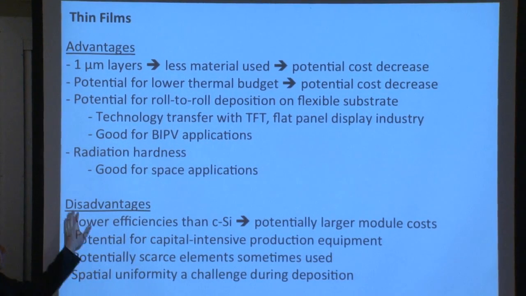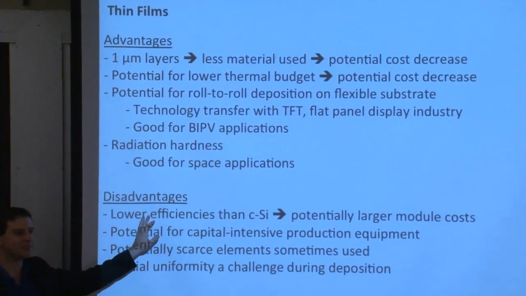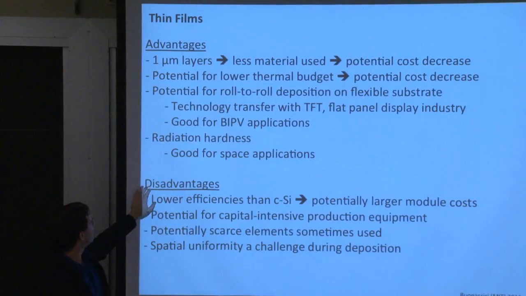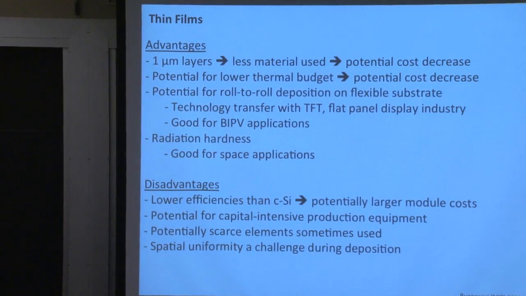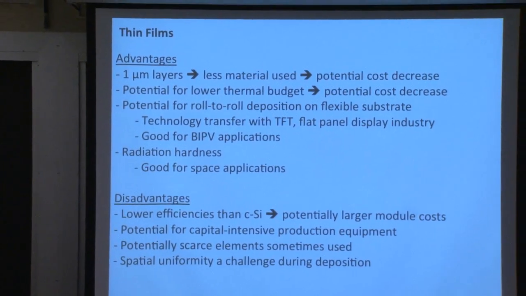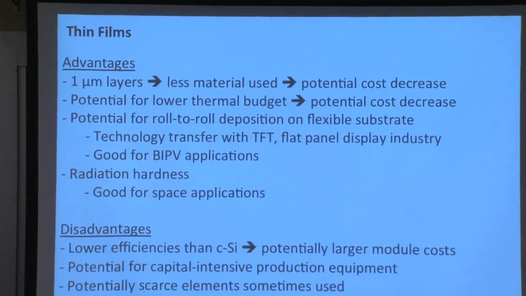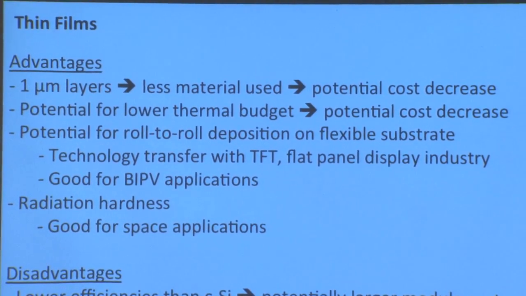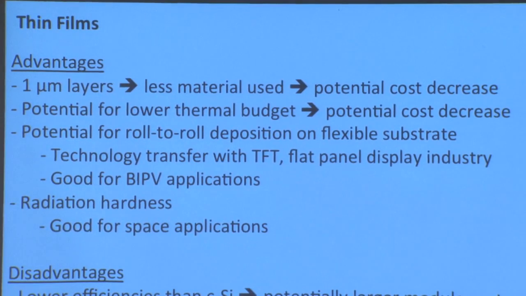Instead of disadvantages, perhaps a happier way of looking at this is challenges and opportunities for getting PhDs and other advanced degrees. So let's go up into advantages. The advantages of thin films, quite simply, is that you're using a very thin amount of material. So thin, in fact, that it's virtually insignificant in terms of the total cost structure of your module.